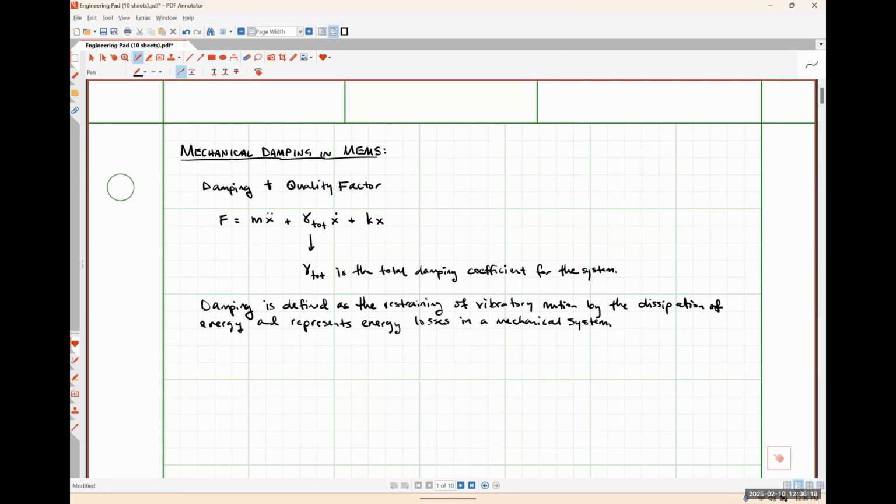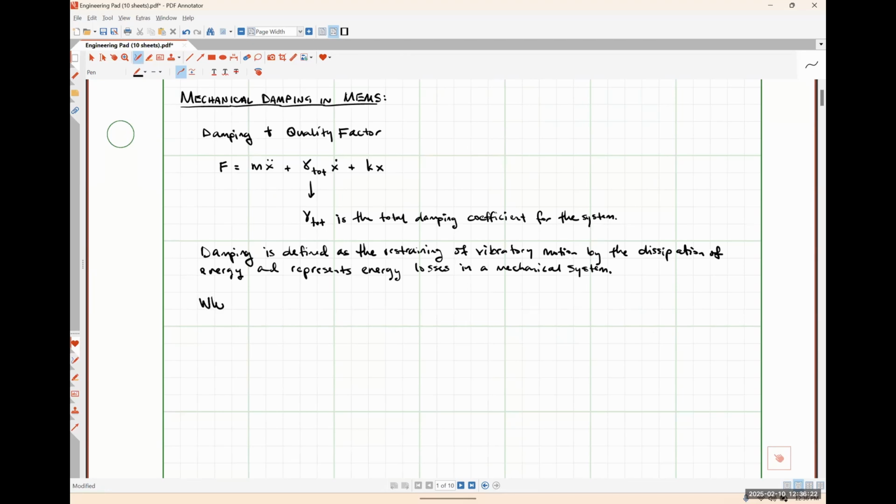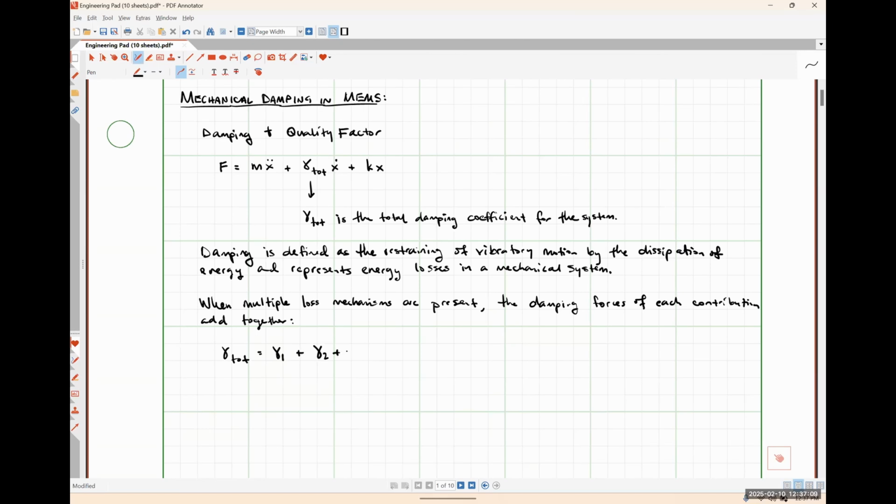Okay. So when multiple loss mechanisms are present, the damping forces of each contribution add together, giving us a total damping coefficient of gamma total equal to gamma 1 plus gamma 2, et cetera, all the way to some gamma sub n.